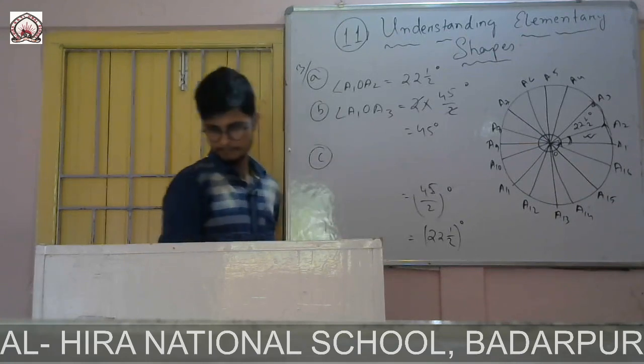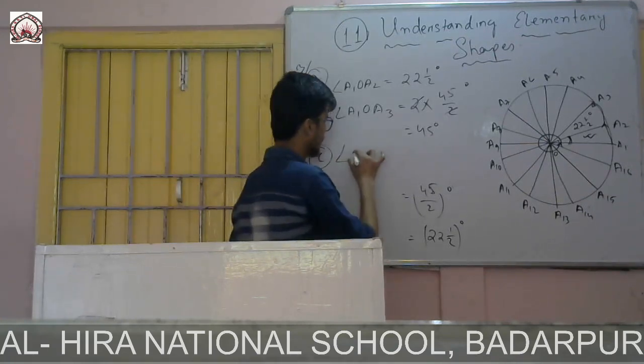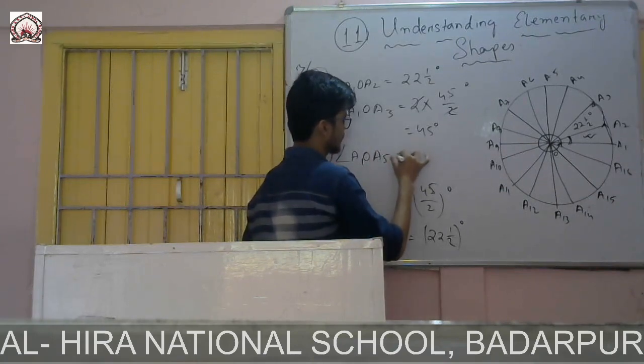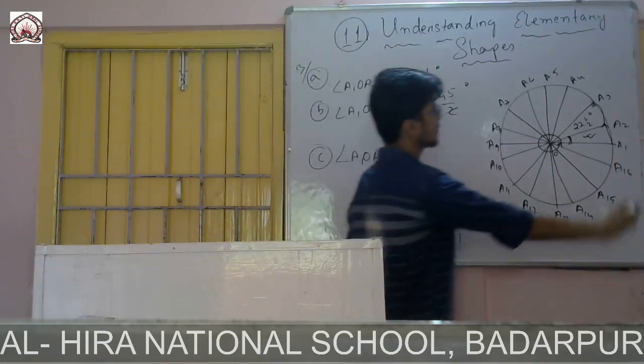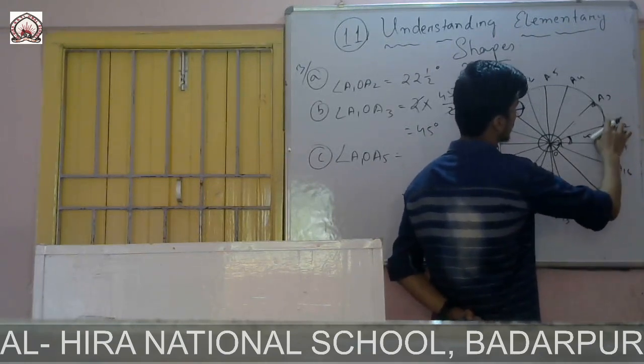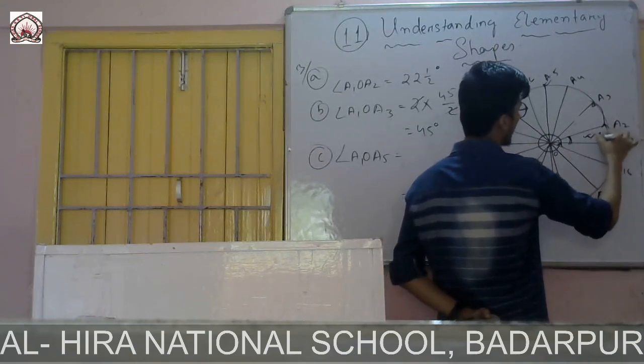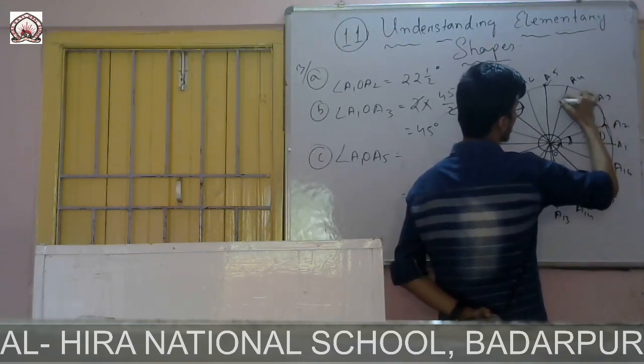Now it is given angle A1OA5. From A1 up to A5 I have to go this much. How many angles? 1, 2, 3, 4.